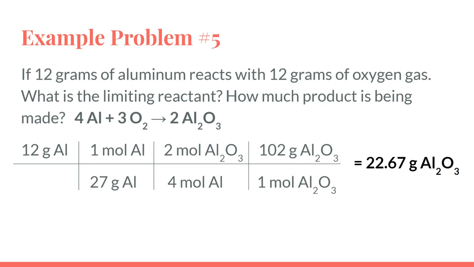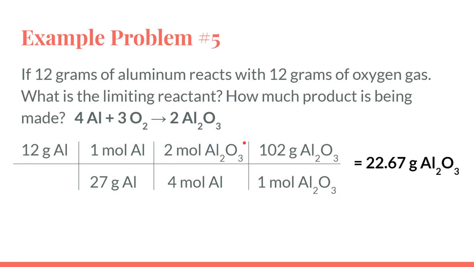Now it's really important that you understand why we need to use the limiting reactant when calculating how much product is being made, because the reaction is only going to run as long as there are both reactants left. If the aluminum runs out, then the reaction stops. So if we were to use oxygen as our starting point here, this is not going to run to completion.